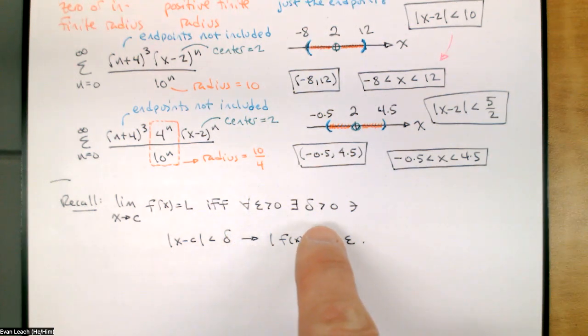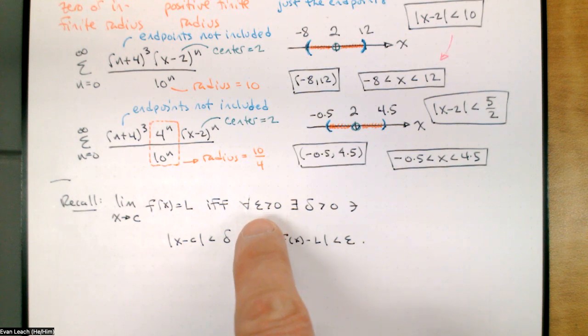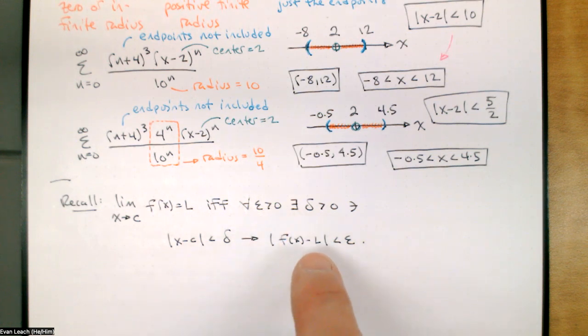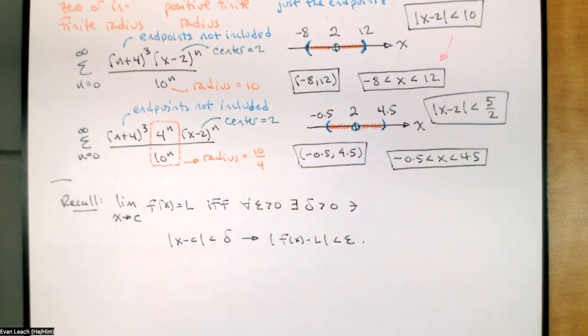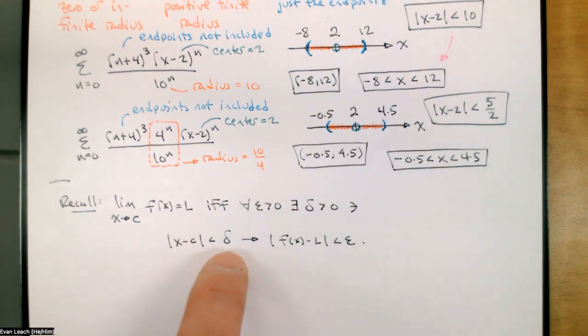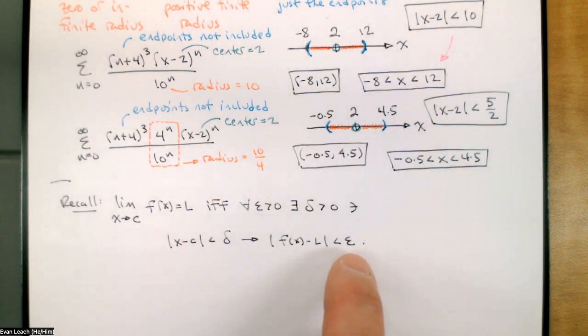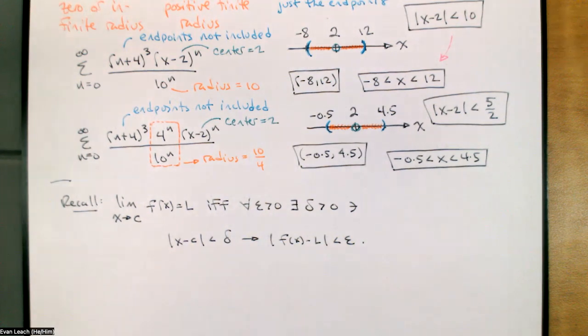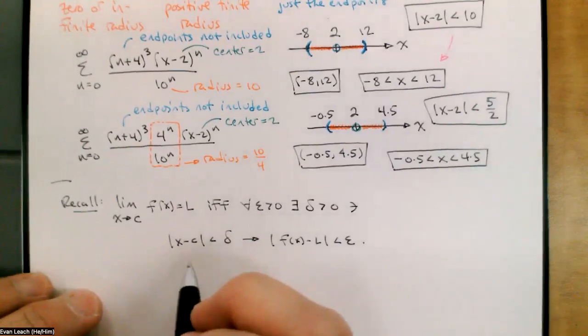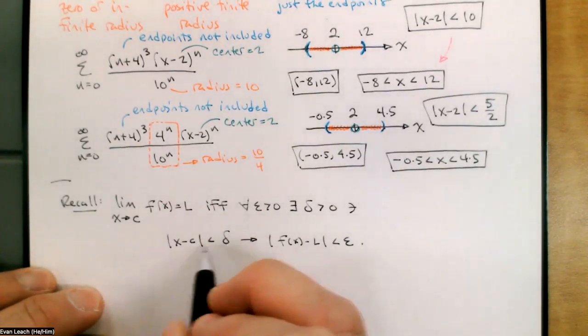For every tolerance you choose for the function, we can find a tolerance for x such that so long as x is within delta units of c, f of x will be within epsilon units of L.